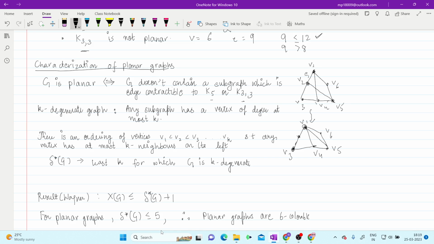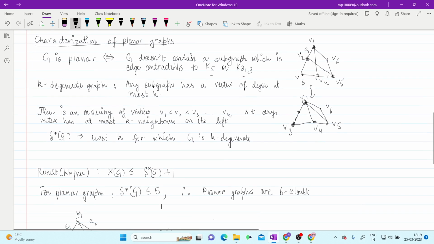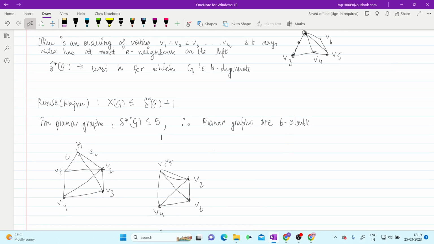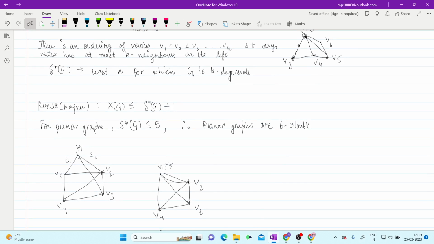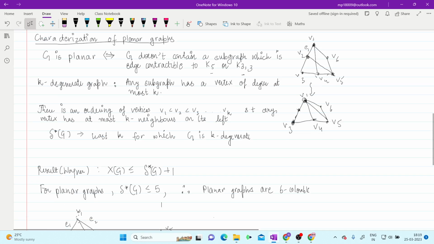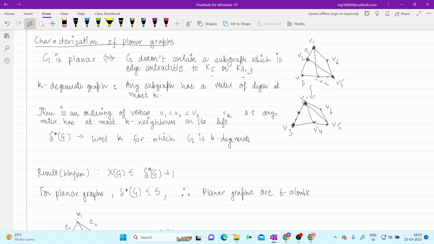So now all the edges which were going from v2 will now go from v1. Sorry for the confusion, this is fine. So we are contracting this edge v1 v2.